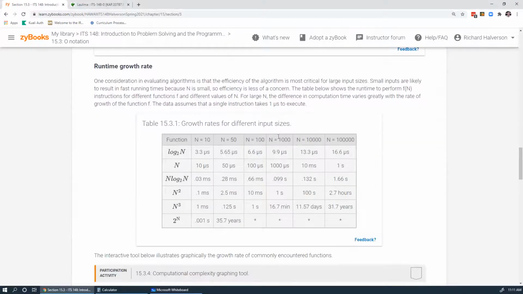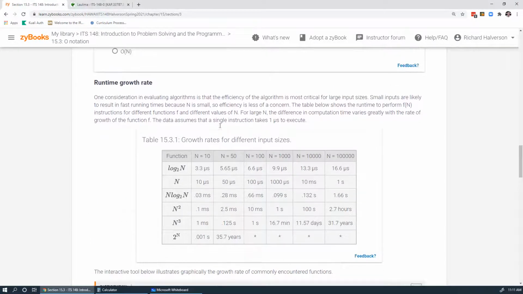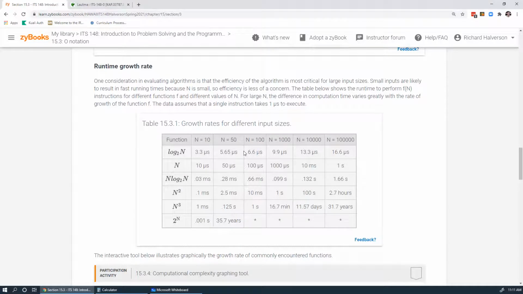All right. So anyway, here's the growth rate, and this is a good chart. They figured it out and demonstrated this. In fact, you could write a program to generate this if you wanted to. You find some log n function, and you run it a zillion times, and you get these numbers depending on some constant.